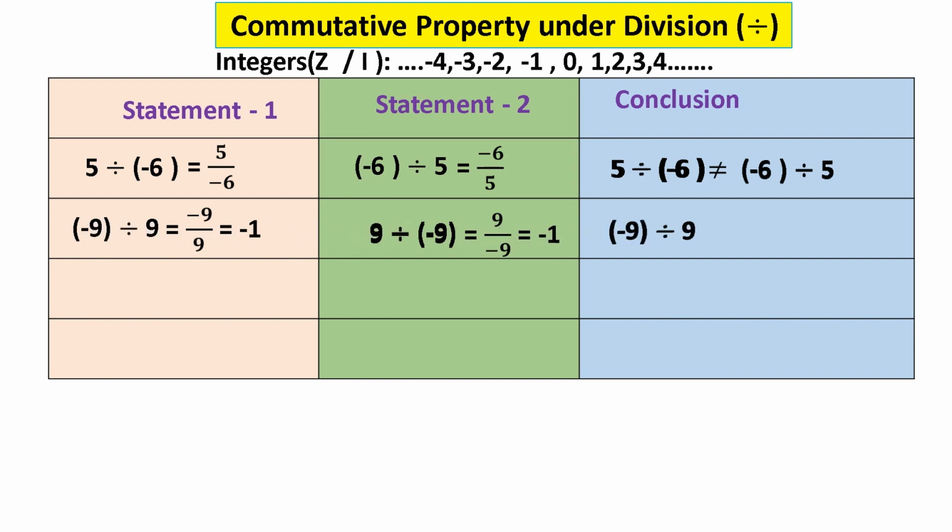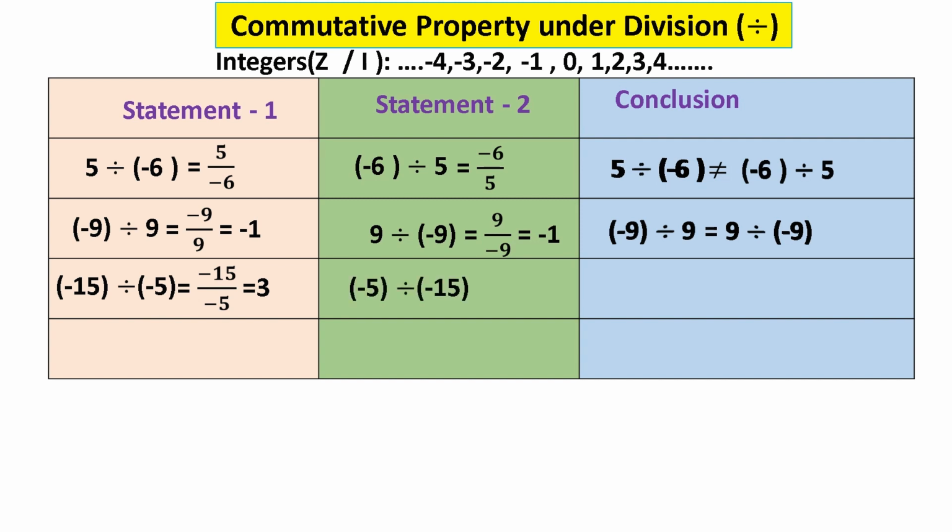But in another example, minus 15 divided by minus 5, we get 3, and minus 5 divided by minus 15, we get 1 by 3. Here in statement 1 we have 3, and in statement 2, 1 by 3. Both are not equal.